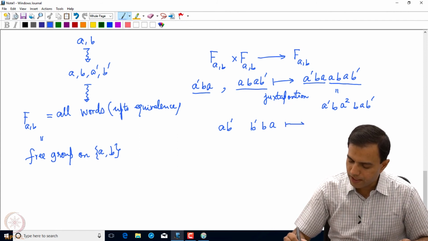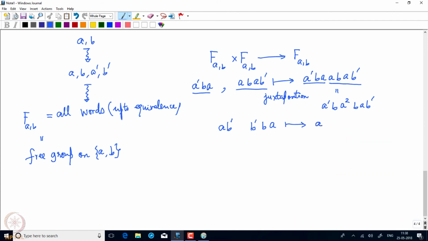I would just simply consider the composition of them as A, B prime, B prime, B A. So I would just dissolve it. I would just say B prime B is identity. So this would be just A, B prime, A, right? So whenever you have A and A prime or B and B prime, you're just going to collapse it. So this is how free groups work.